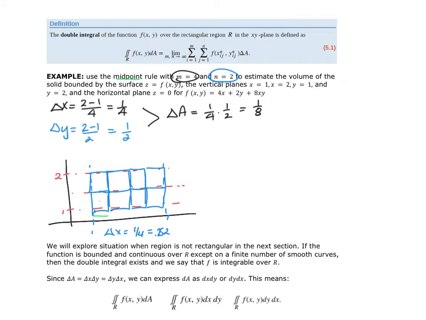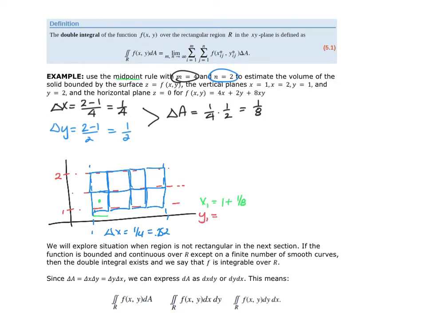So my x part right here, I'm going to call this x sub 1. This is going to be equal to 1 plus half of my width, so 1 plus 1/8. That's what my x sub 1 is. My y sub 1 is going to go with that.